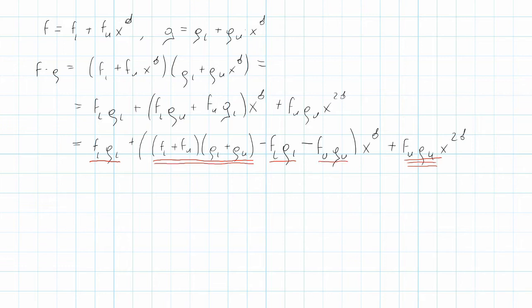Likewise here we have FUGU, which is the same as the last term. So we don't need to compute it twice. It's sufficient to compute it once. So instead of 4 products as in the previous formula, here we have only 3 products.